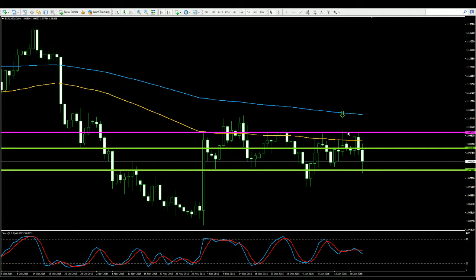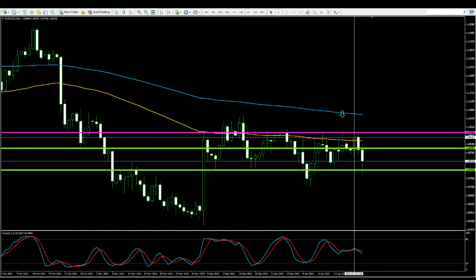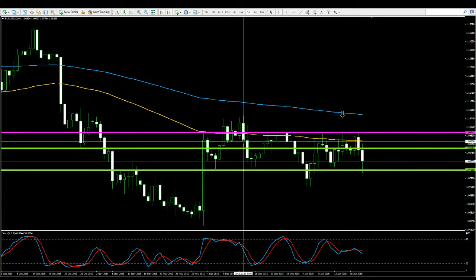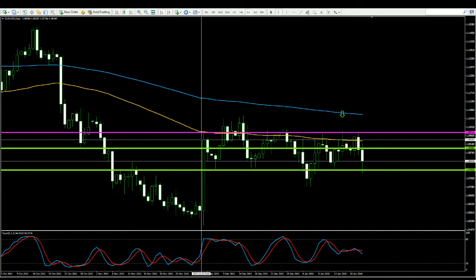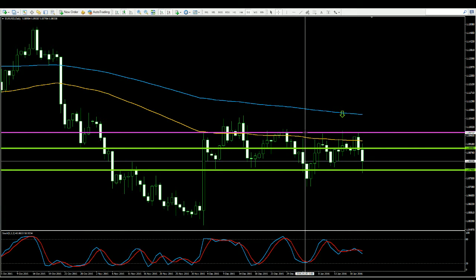Then you have to consider the distance between the candle wicks and the closes as well. So you might have been able to take a put option at the candle closes as well as the wicks. So you have to consider that too.